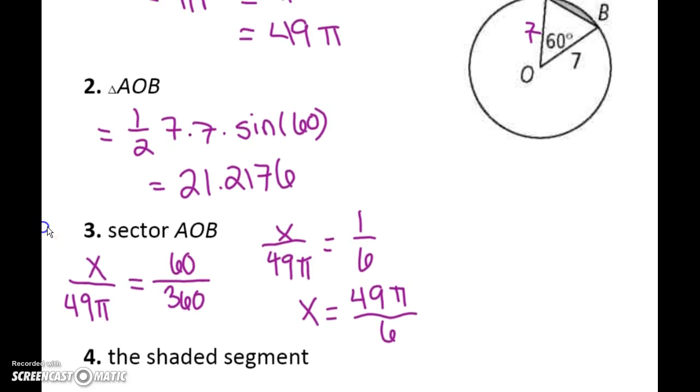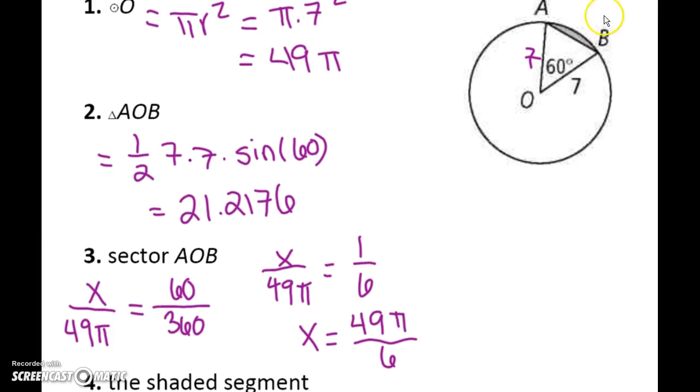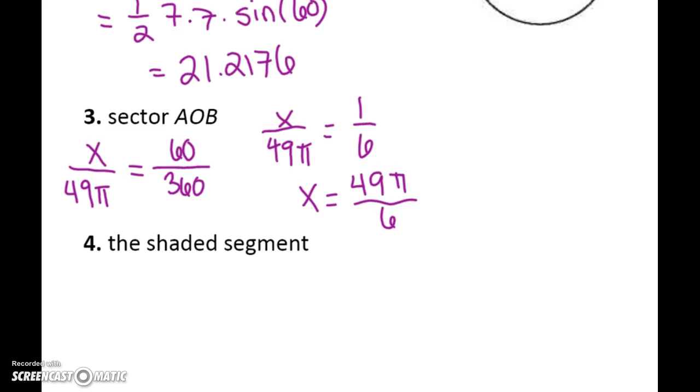Now they want the area of the shaded segment. If you look, the shaded segment is what I get when I take the sector area and take away the triangle area. So that's exactly what we're going to do. We're going to do the sector, and we're going to then subtract the triangle.